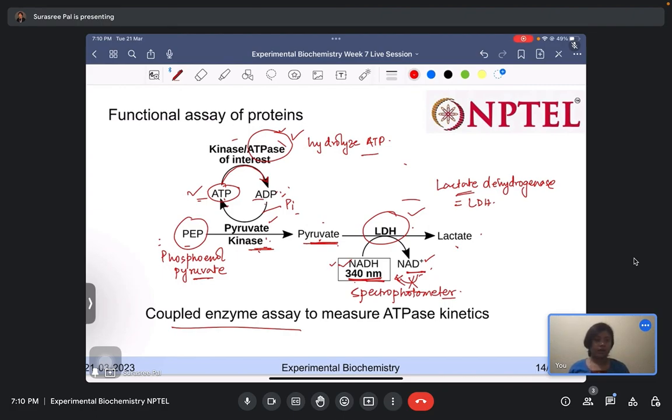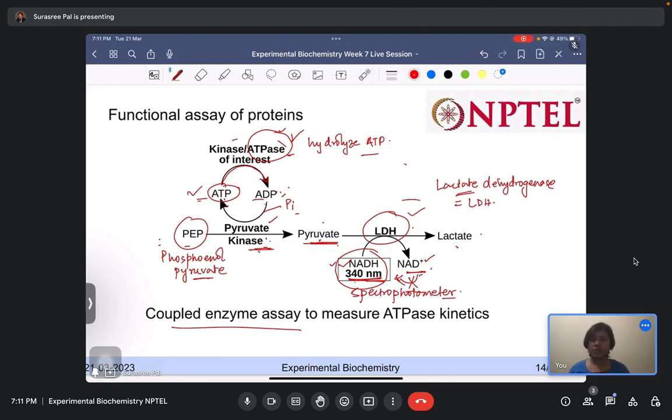Therefore, the more active our enzyme is, the higher its concentration, or the higher its rate, the greater the reduction in NADH absorbance. We track and analyze this NADH absorbance using the spectrophotometer, and if our enzyme is functional, we will see a reduction in the absorbance of the NADH molecule.